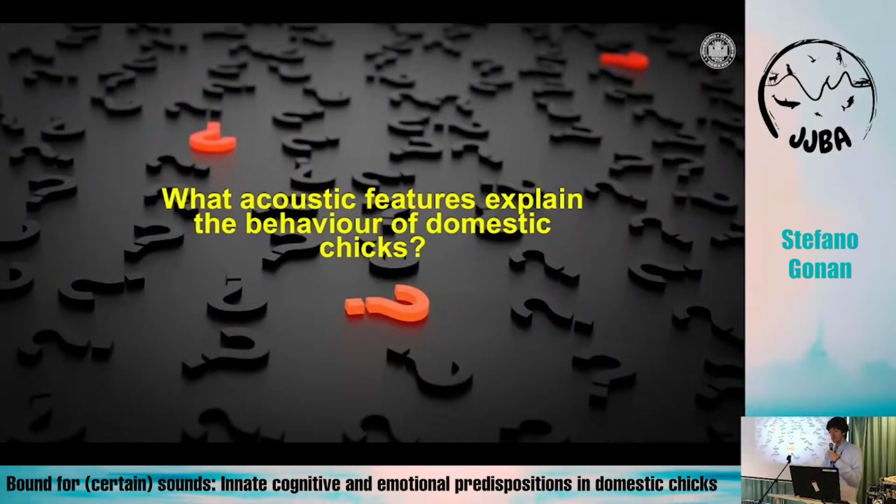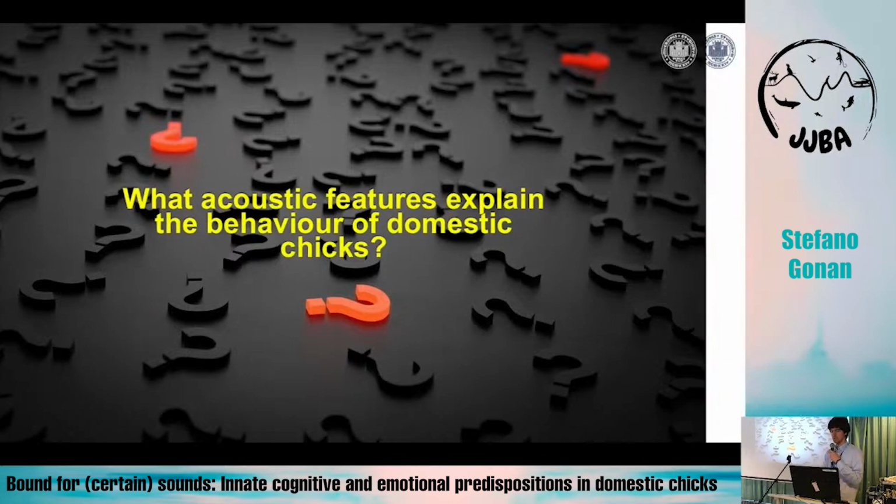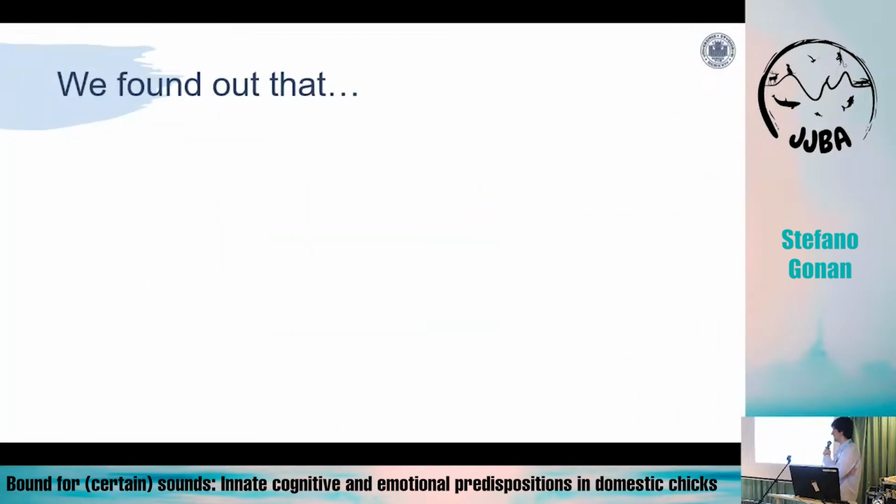So, what acoustic features could explain the observed behavior of domestic chicks? Well, to investigate this, we performed a partial least squares regression on 22 acoustic variables that were previously extracted using the analyze function of the SoundGen package of RStudio.